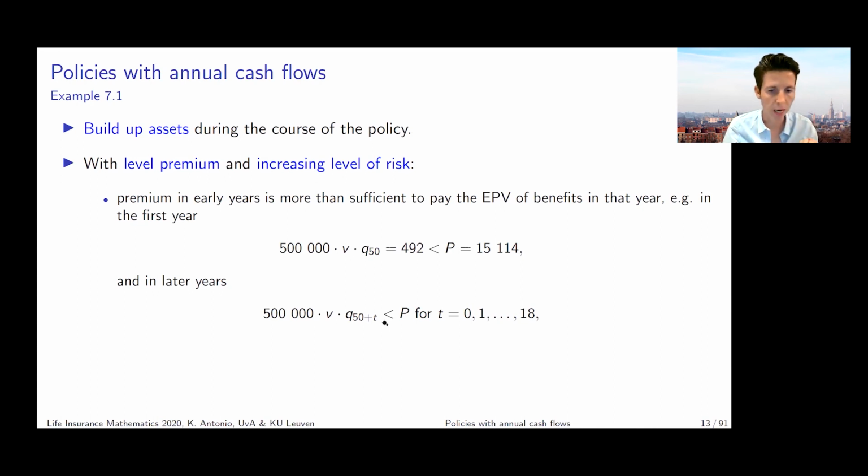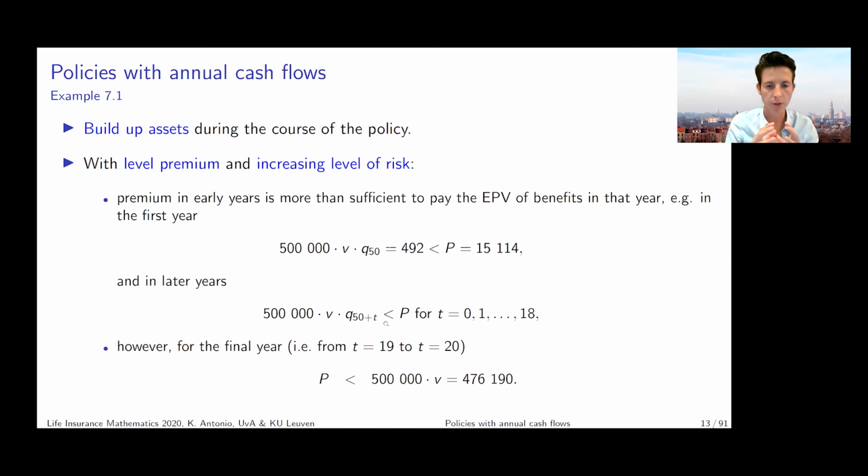But what happens in the last year of my contract? Well, in the very last year, between t is 19 and t is 20, because I have an endowment insurance contract, I know that in any case, death or survival of my policyholder, I will have to pay the 500,000 euro at time 20.